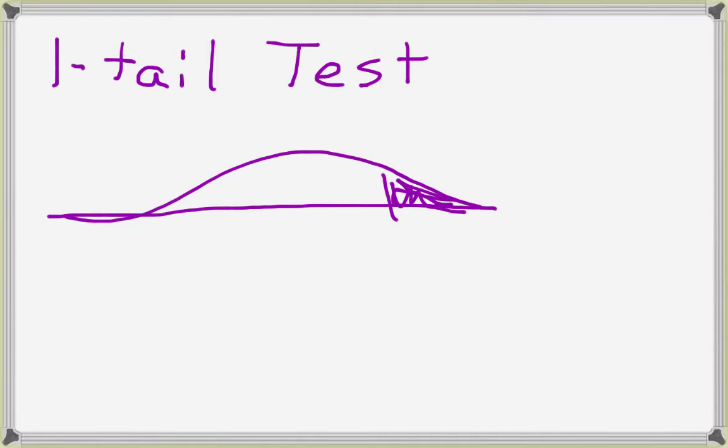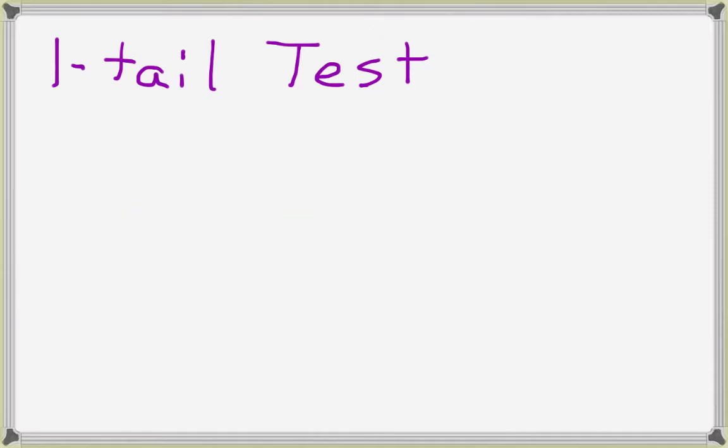So one-tailed test, here's the situations that you have. When you start writing a hypothesis testing, so here's null. We're talking about means. So I'm going to draw that up.